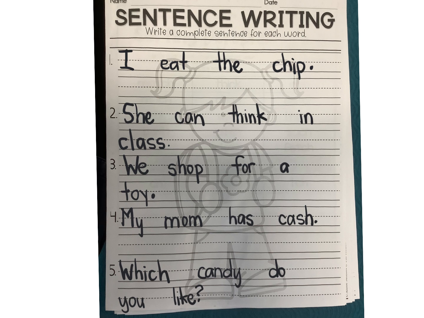And sentence number 3. We shop for a toy. Number 4. My mom has cash. And number 5, which candy do you like? Very good.